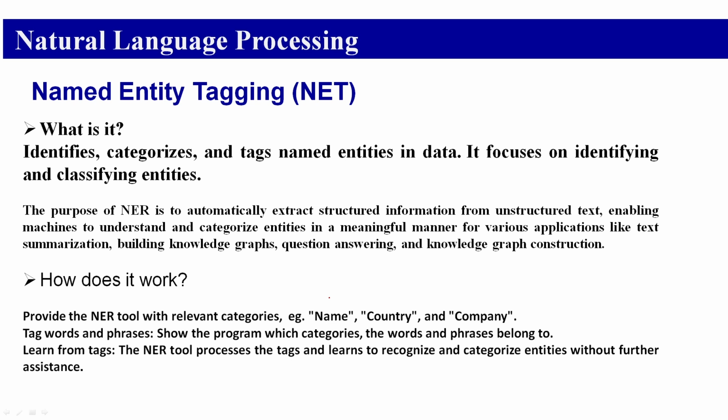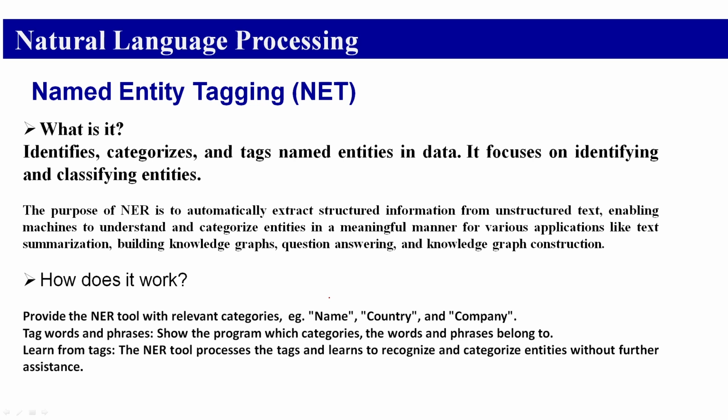Because if you want to create a database, let us say on mechanical properties of steel, that is your tag. This entity recognition allows you to identify, categorize and tag named entities in data. If you create this named entity, it will go and search the literature, identify it, extract it and classify it.